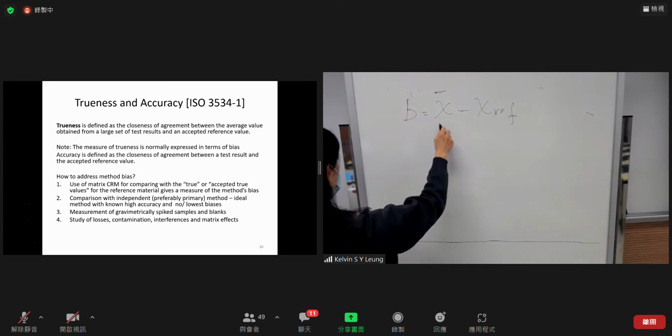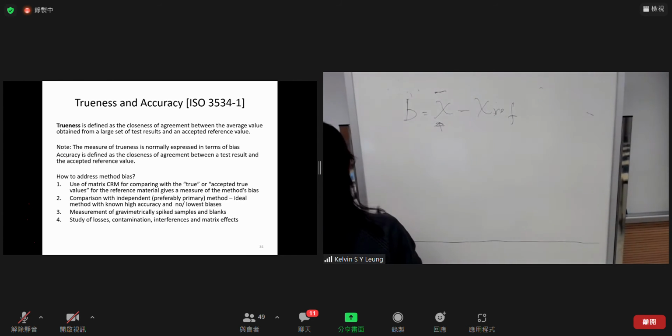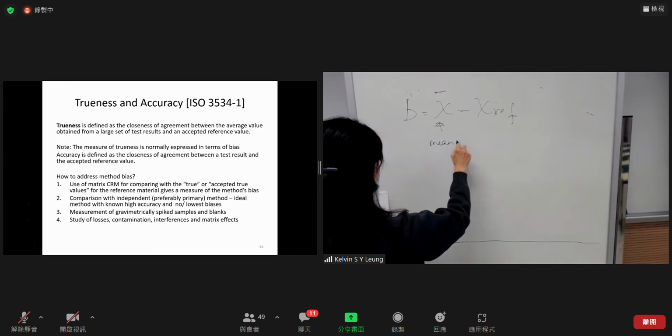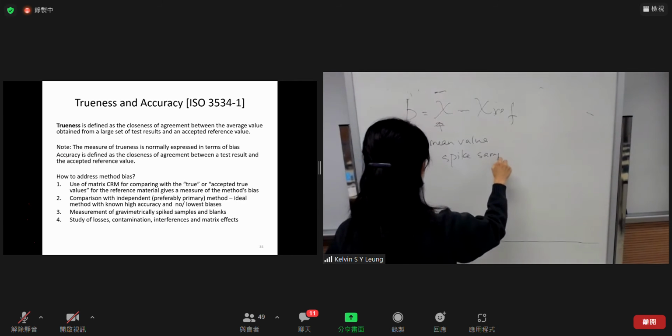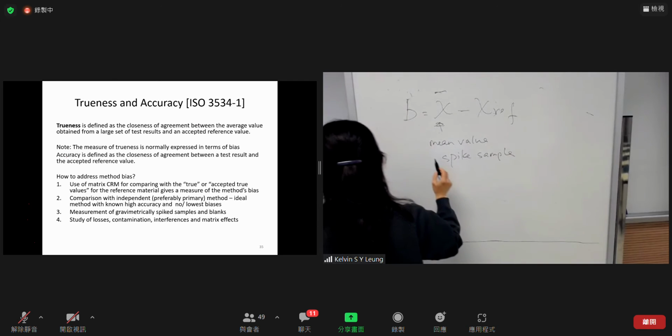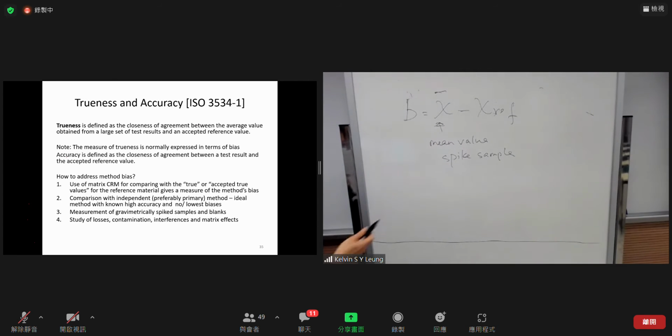So x is the mean value of the spiked sample, okay? And x ref is the reference value, okay? So sometimes you will calculate it as a relative percentage, okay?